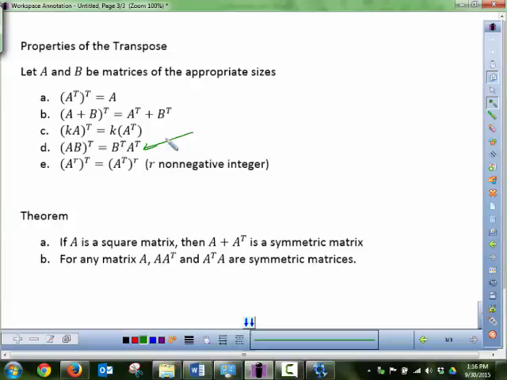Taking the transpose of a product is like taking the product of the transposes, but look at A and B and B and A, right? Remember that multiplication is not commutative, so whenever we deal with products, we always have to be careful about identifying which one comes first. So if you take the transpose of a product, it's like taking the product of the transposes, but you're reversing the order of the multiplication. Okay?